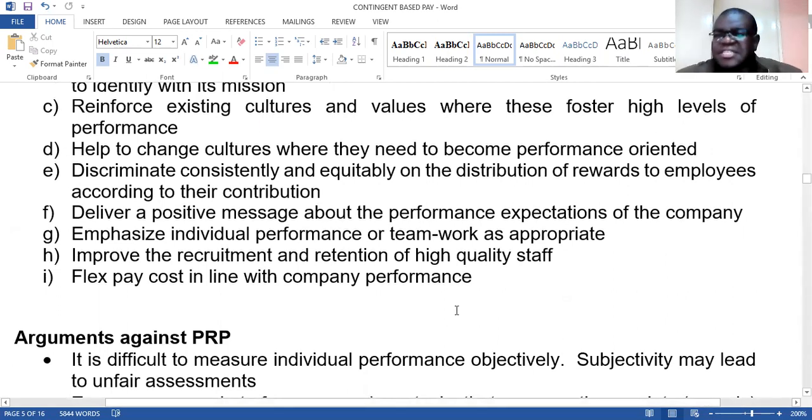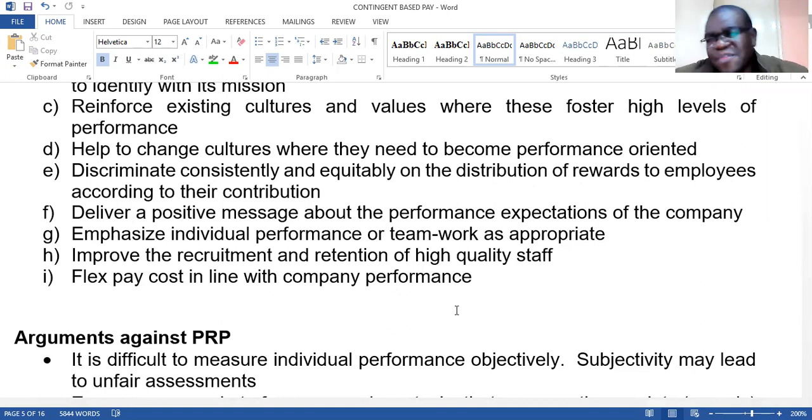Being able to consistently discriminate on performance so as to come up with an equitable distribution of rewards based on performance. Being able to deliver a message on the performance expectations of the organization to all the affected stakeholders, the managers, the employees themselves, the owners of the company.